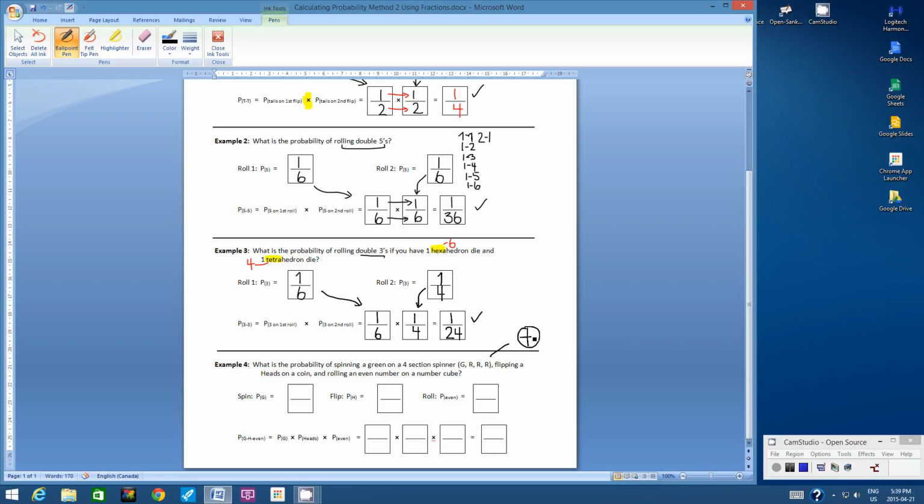So it's a 4-section spinner with 3 sections that are red and 1 section that is green. Then we want to see if we can flip a heads on a coin, and then rolling an even number on a number cube. Now when I say number cube, it always means the hexahedron die, the 6-sided number cube. All right, so how about I give you a head start here, and let's see if you can fill this in.